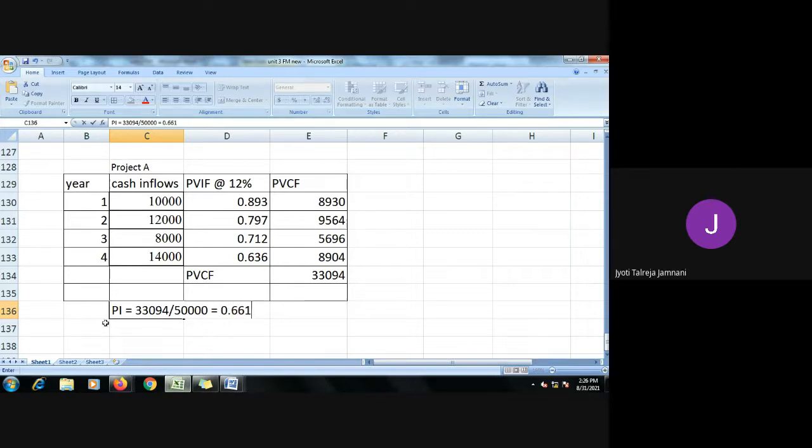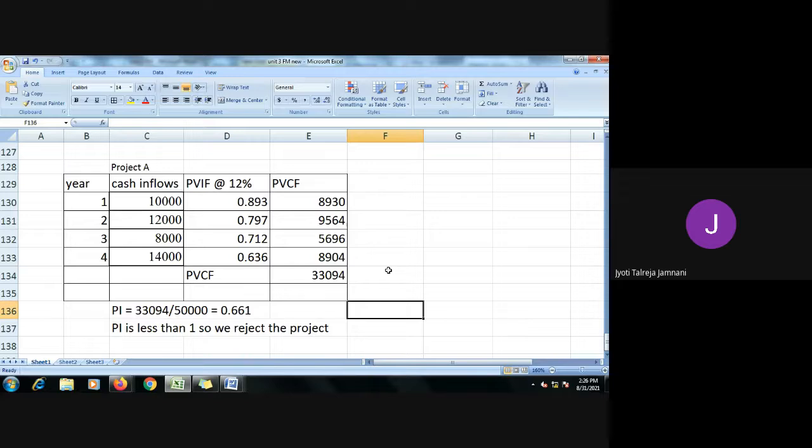Now the profitability index is less than 1. So we reject the project. I hope it's clear till here. So first method we have finished using the table.